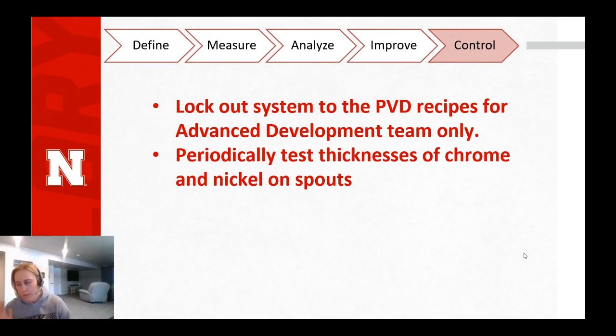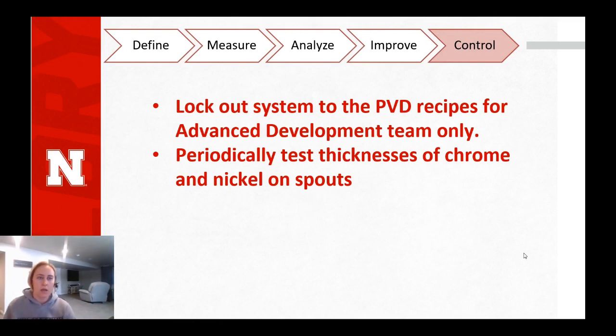Some of it can be what parts are running at the same time. There's a lot of factors that need to be controlled and understood. So having a periodic test with the chemical engineers to understand some of the thicknesses of the chrome and nickel on those spouts and start that control process is the next step.